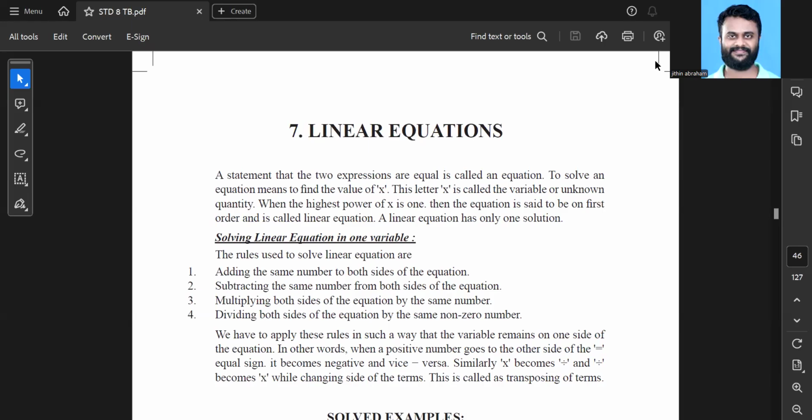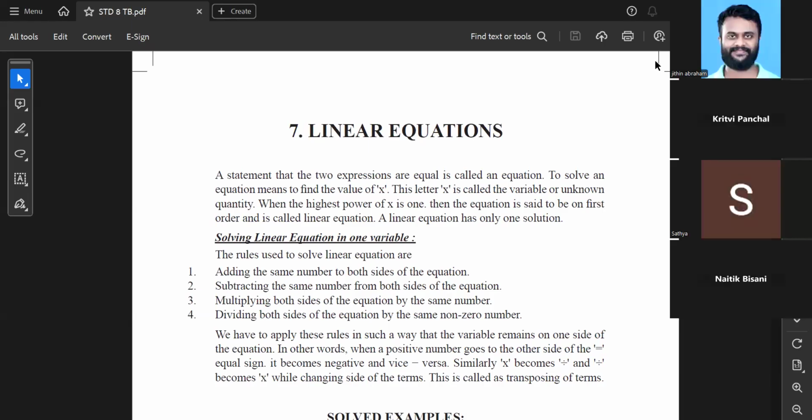Sir, can you talk a little louder? So I assume my voice is low. I don't know why it is low. Let me just check. Give me a minute. I can hear others' voices at 100 sound, but your voice is very low. Yes, sir, same here. How's the voice now?